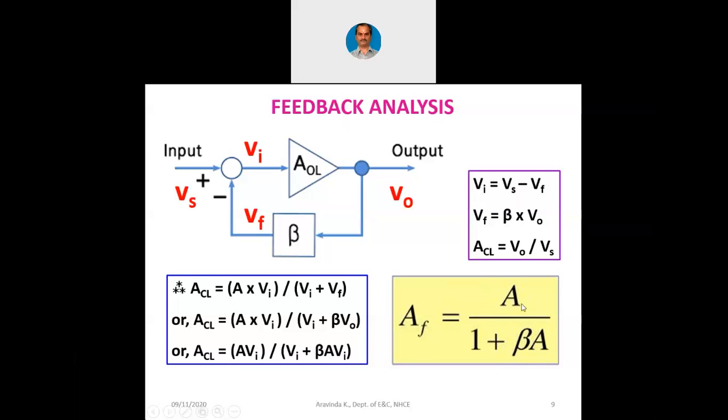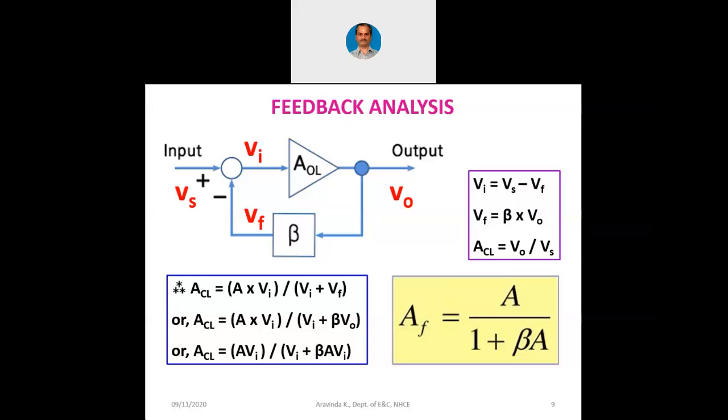Now, A is 100, beta is 0.1, 0.1 into 100 is 10. So the gain with the feedback becomes 100 divided by 11. Approximately, it becomes 100 by 10. If we ignore this 1, it becomes 100 by 10, and that becomes 10. Which means if the open loop gain was 100, the closed loop gain will be 10. It will be reduced that much.